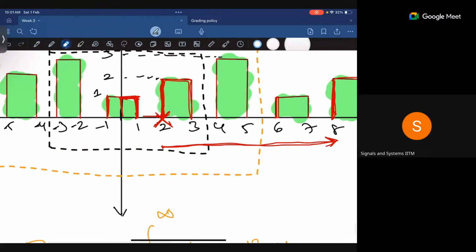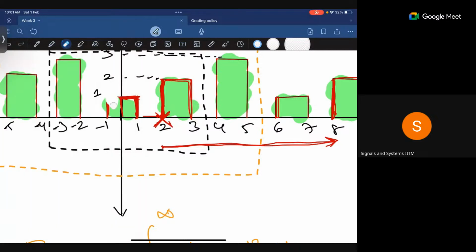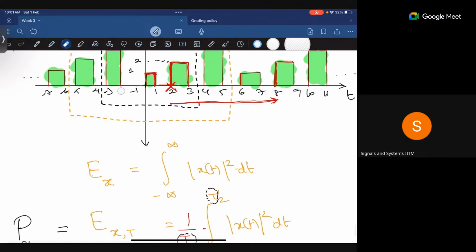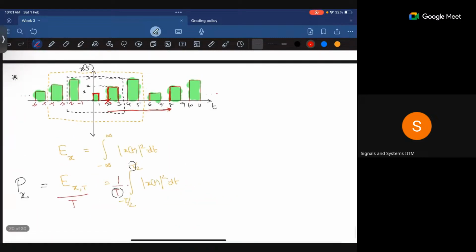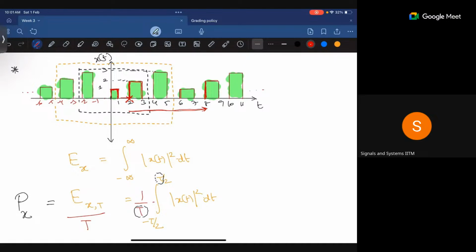So ignore this part. This is 0 to 1 and this will be minus 1, minus 2, minus 3, minus 4, minus 5, minus 6. So now you can see that this particular signal is periodic and the period will be 6.